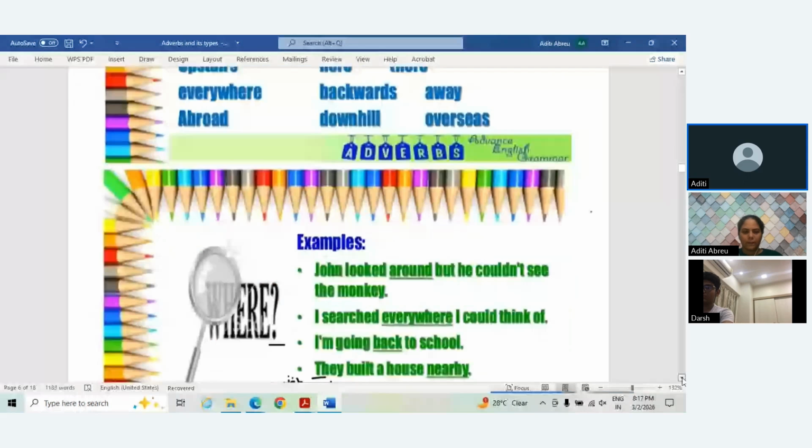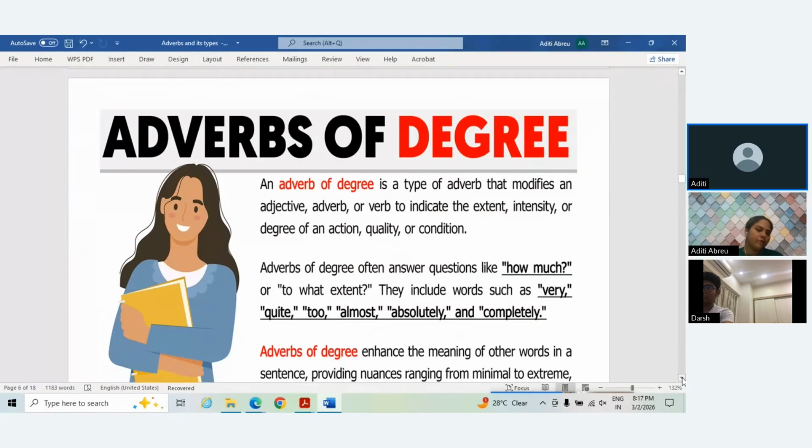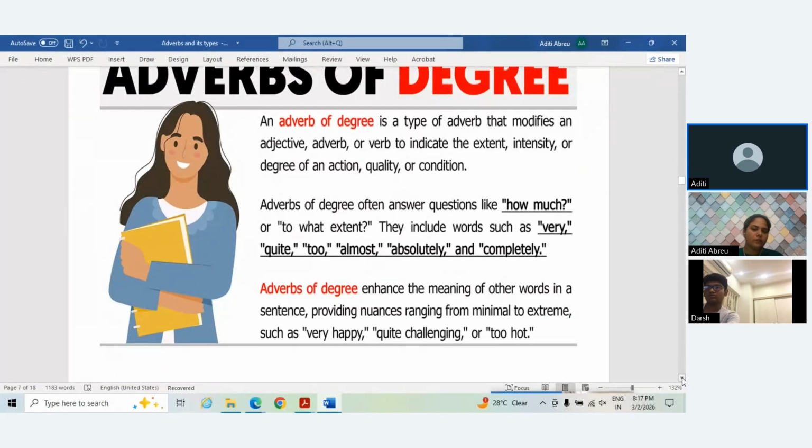The last one is adverb of degree. Now adverb of degree is the one which you use on adverbs and adjectives. To what degree, the question word is how much. So you can write down this part. It modifies an adjective, adverb, or a verb.